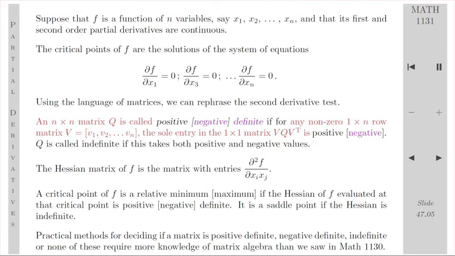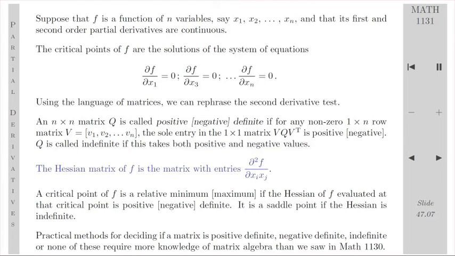If it sometimes comes out to be positive, sometimes negative, then we will say that it is an indefinite matrix. There's also another concept of semi-definite, where VQ V transpose sometimes comes out to be positive, sometimes 0, but never negative. Then it's called positive semi-definite. Similarly, there is negative semi-definite. These are cases where the second derivative test fails, so I won't say anything about them.